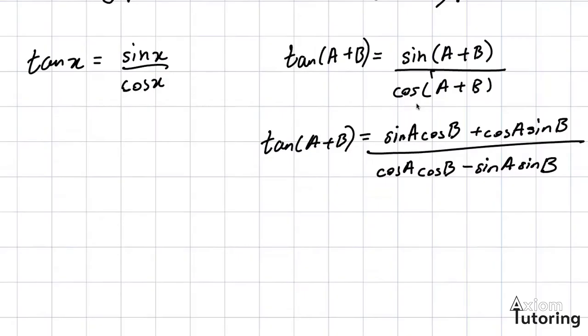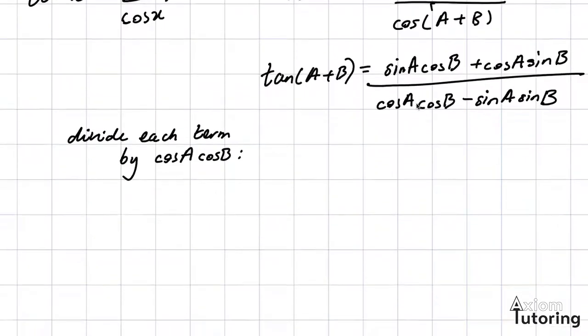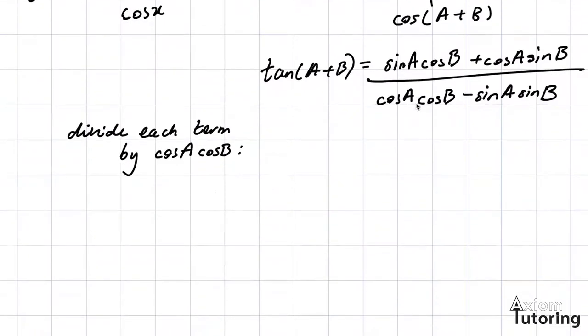You might want to try it out yourself, dividing through by maybe cos A first or cos of B. But the easiest thing for us to do in this case is divide each term by cos A cos B. So let's see what we get by doing that.